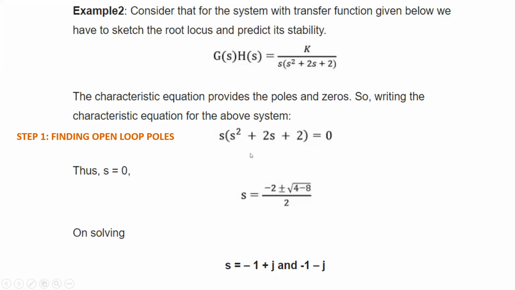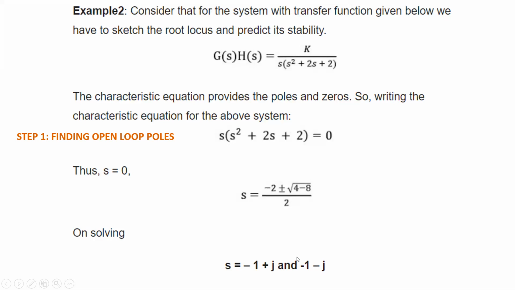So we have three poles, one at s equal to 0. And if we find the roots of this quadratic equation, we have minus 1 plus j and minus 1 minus j as the open loop poles for this system. So we have three poles, one at s equal to 0 and the others at s equal to minus 1 plus j and minus 1 minus j. So we have three branches of root locus.